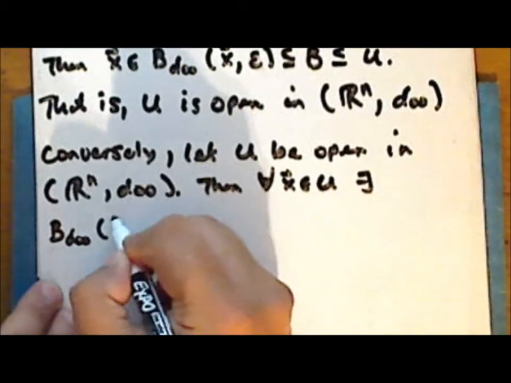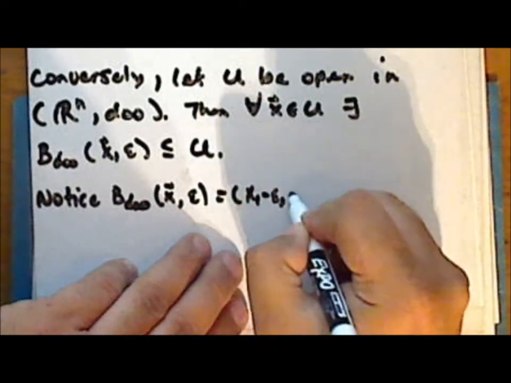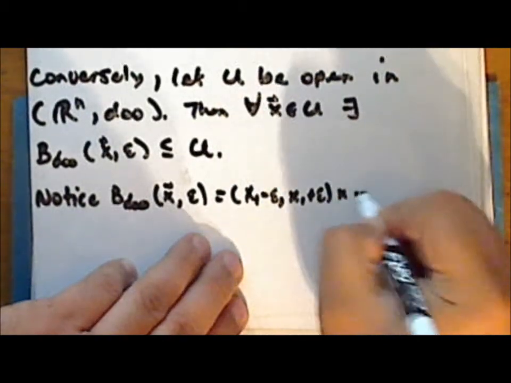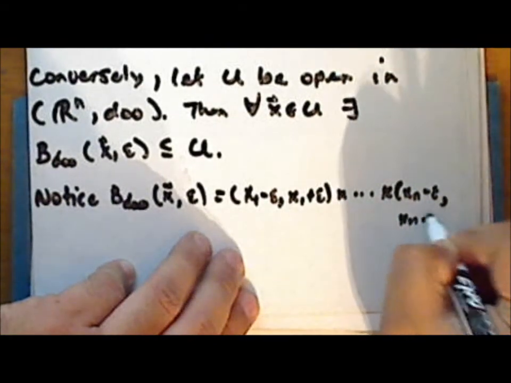Then for each point x in the set U, there exists a basis element containing it, and that is an open ball in the square metric centered at x with radius epsilon, and that is a subset of the set U. Now notice that this open ball is the product of intervals, that is x sub 1 minus epsilon to x sub 1 plus epsilon, and so on up to x sub n minus epsilon to x sub n plus epsilon.